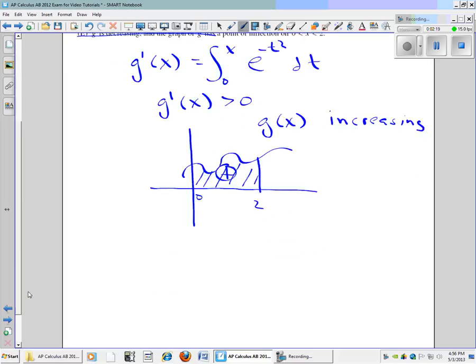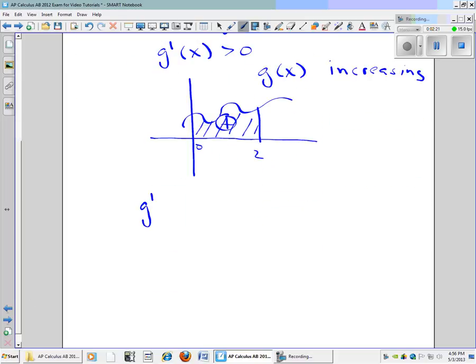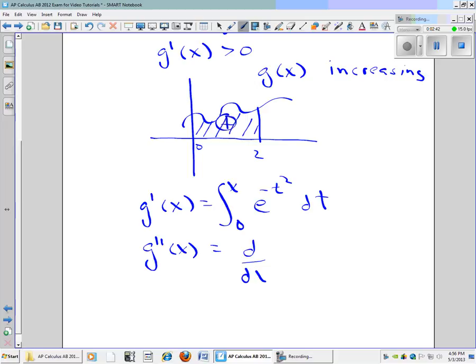So let's go on. g prime of x was equal to the integral from 0 to x of e to the negative t squared dt. If I take the derivative of that term, the second derivative in this case, g double prime of x, then I'll be taking the derivative of the right side with respect to x.